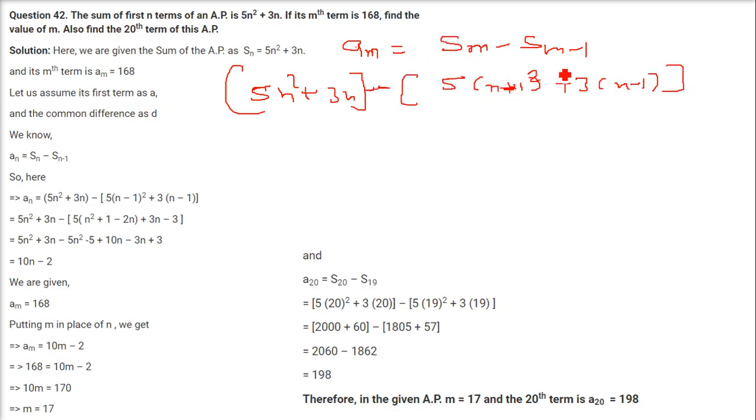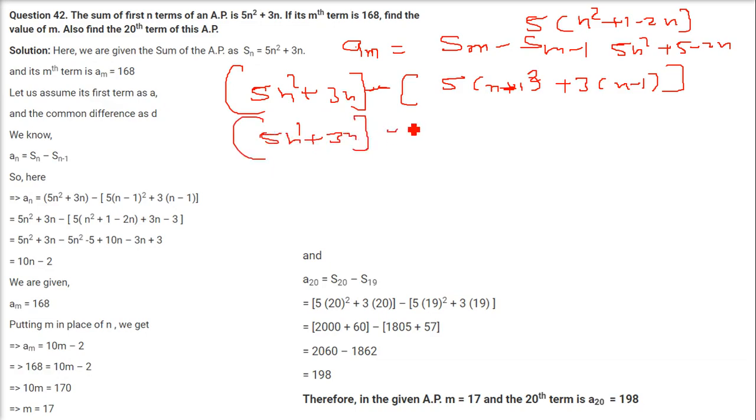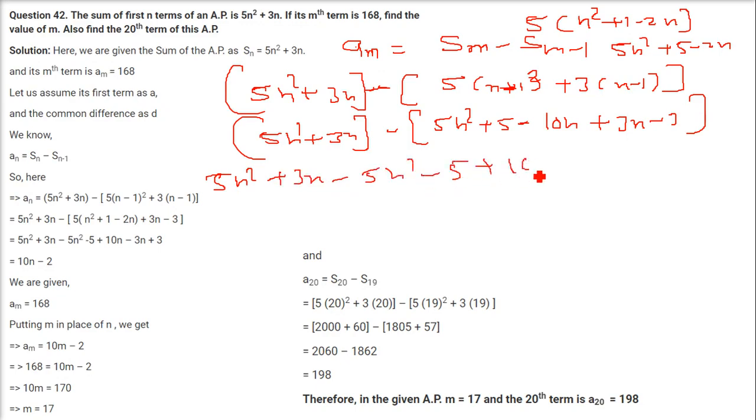Let me solve this one. 5 into (n minus 1) whole square: n square plus 1 minus 2n, so you get 5n square plus 5 minus 10n. So 5n square plus 3n minus 5n square minus 5 plus 10n, and changing the sign of 3n minus 3, we get minus 3n plus 3.